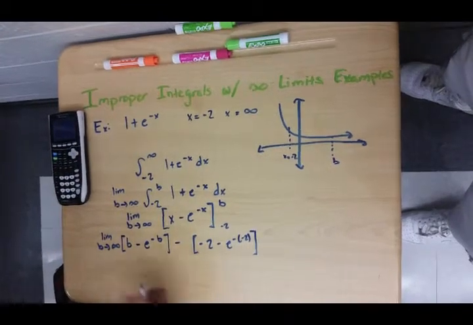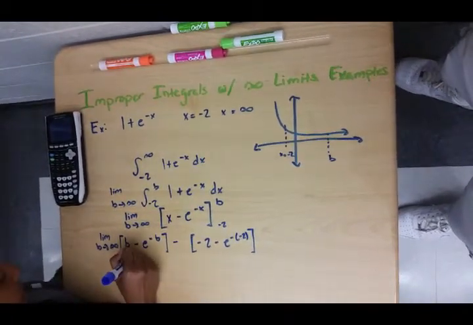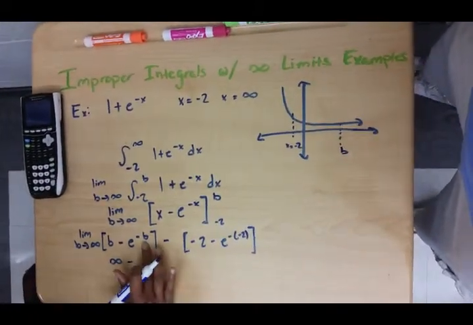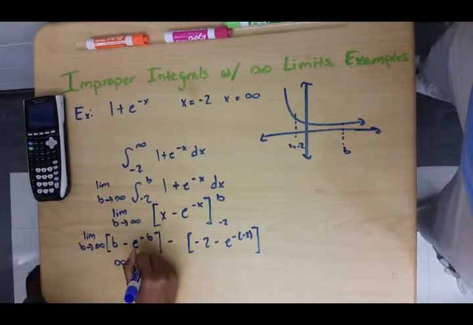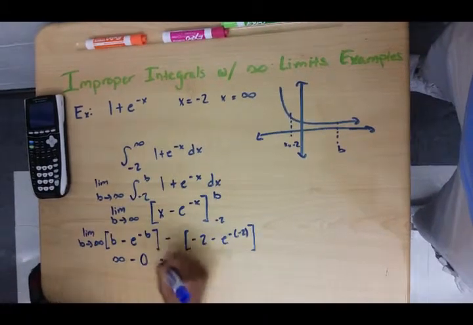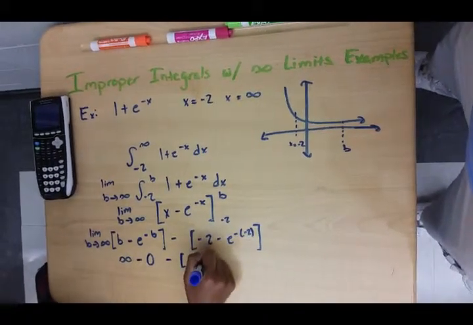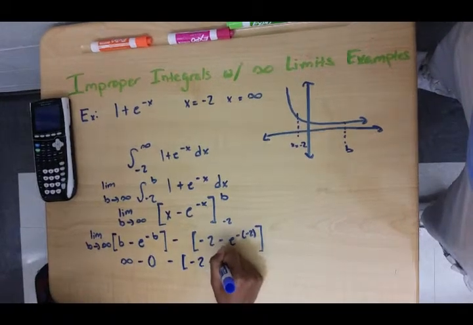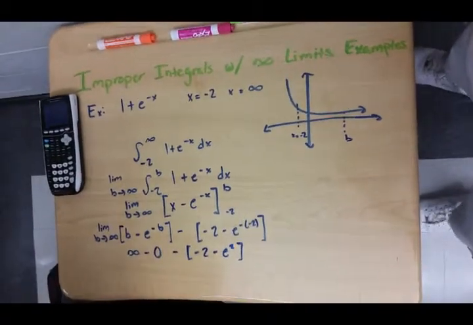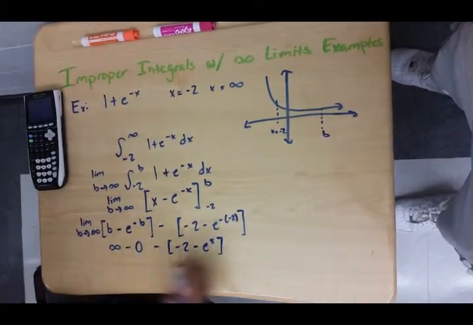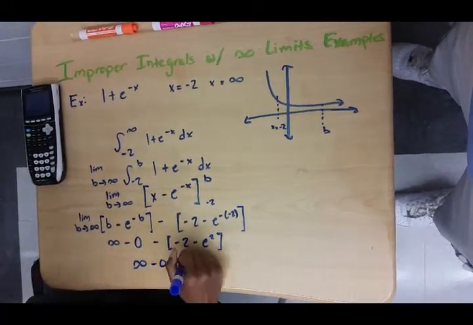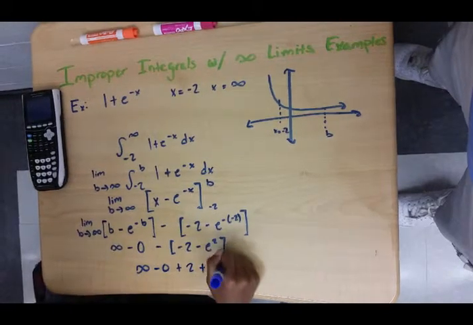So the limit as b goes to infinity is going to be infinity minus e to the negative infinity, which is going to equal 0. Okay, so infinity minus 0, and then we're going to minus negative 2 minus e squared. So this negative is going to distribute and make all those positive, so you have infinity minus 0 plus 2 plus e squared.